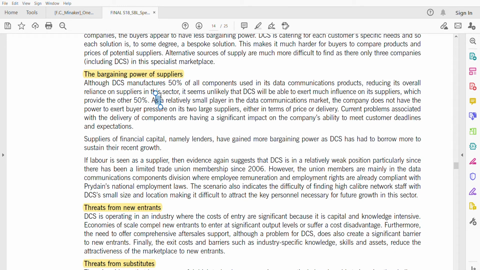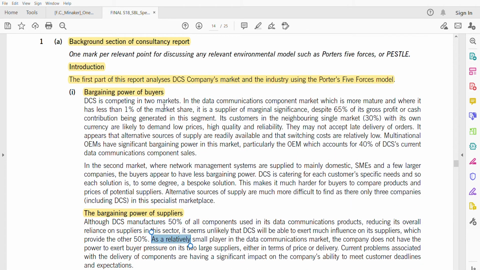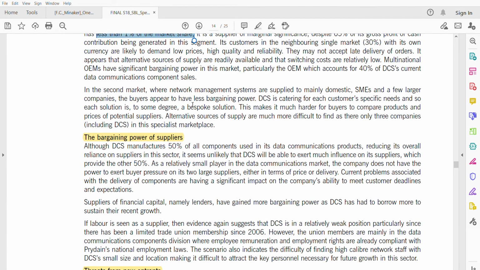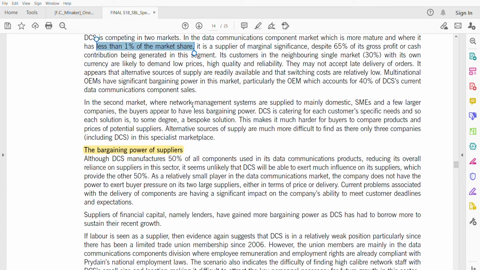As a relatively small player in the data communication market. Why small player? Already in paragraph 1, less than 1% of the market share. It's a very mature market. There are so many competitors there. Can you see this? There should be some link. Whatever you say in one part should make sense in the other part. If it does not, then it's a problem.